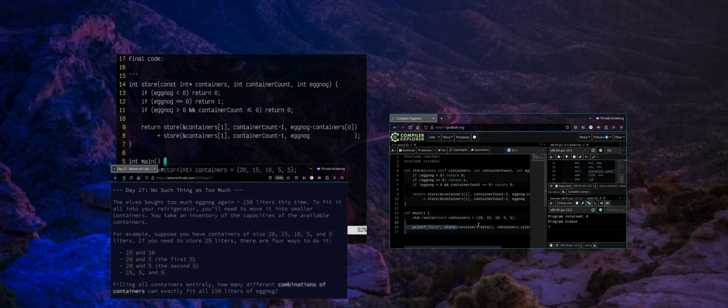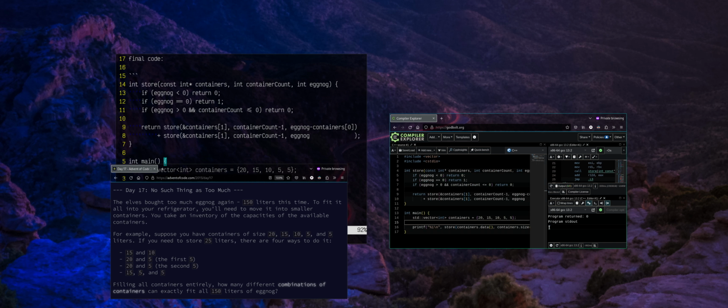So this is basically putting our containers, going over these containers, and figuring out how many ways to store 25 in them.